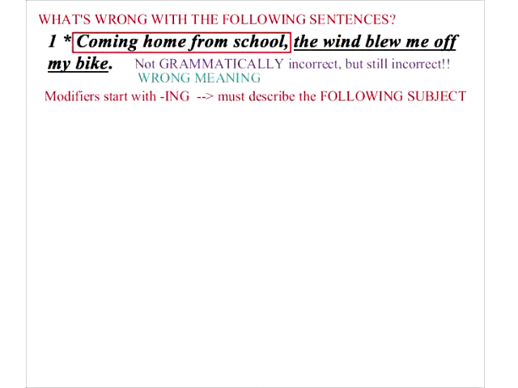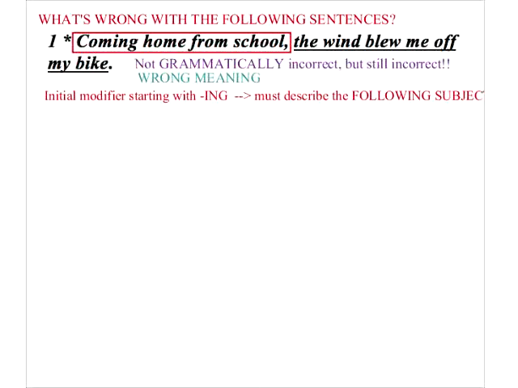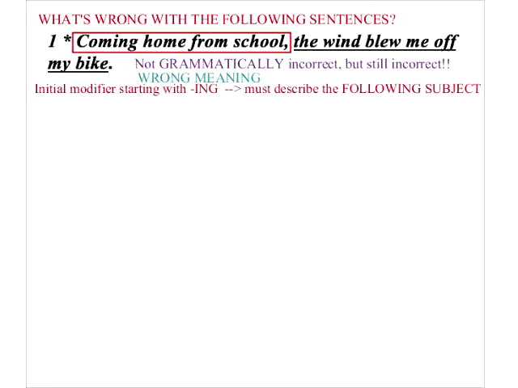So coming home, when you have an initial modifier starting with ing, initial meaning it's at the start of the sentence, you have to be talking about the following subject. So in this case, coming home from school is talking about the wind.